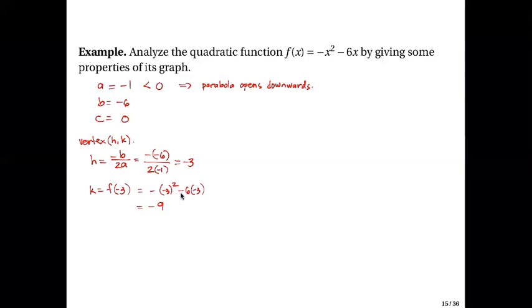Here you have negative 6 times negative 3, that's positive 18. So plus 18, and this is equal to positive 9. Which means you have the vertex negative 3, comma, positive 9.